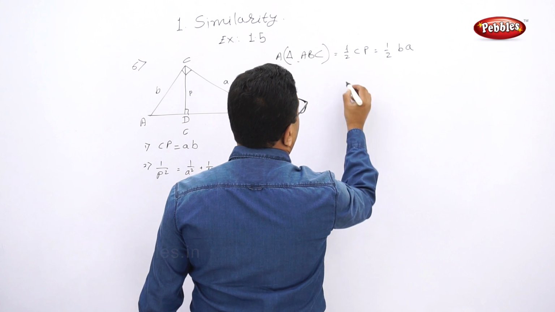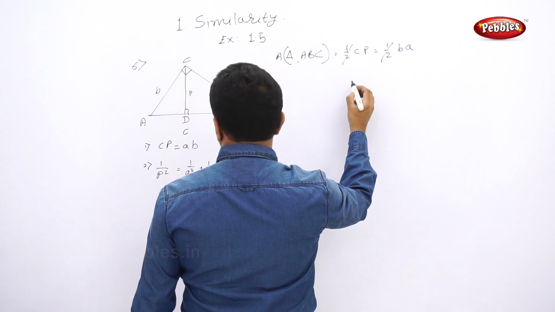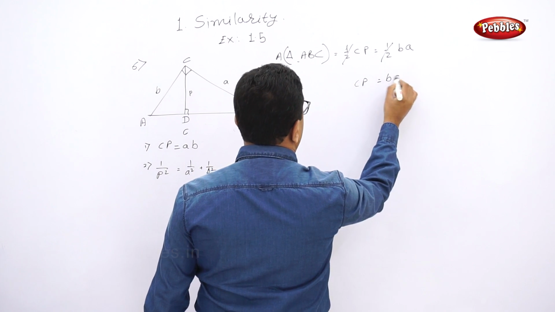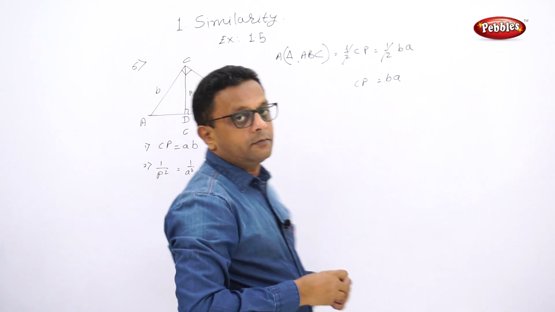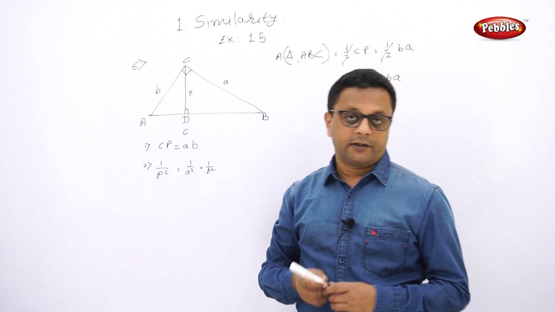And so these two will get cancelled and you will have cp is equal to ba, or ab, whatever it is.